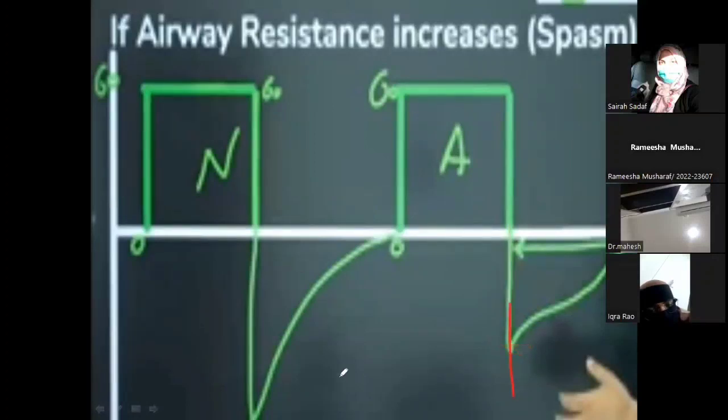It won't go further down like it does in the normal one. Where airway resistance is high, or there is obstruction or inflammation, and the pathway is narrow, the expiration phase will not be as rapid, and it will not reach the level that it normally reaches in normal lungs or airways.